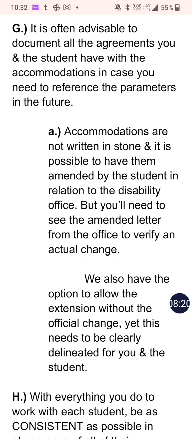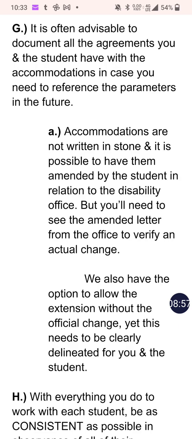In other words, if they have an allowance in terms of submitting work late, for example, if the accommodation is for 2 days max, the student might then, when the semester is underway, submit work 3 days late. So know that there's a difference between 2 days and 3 days.